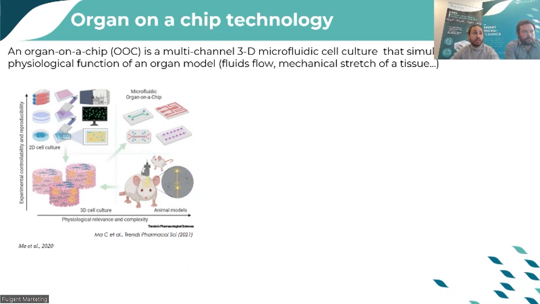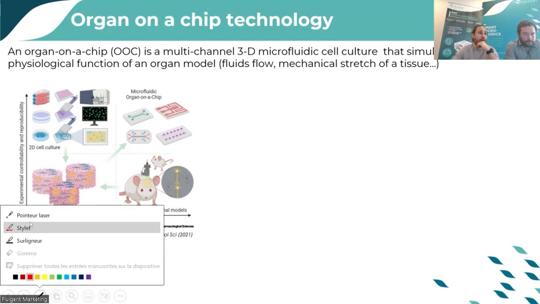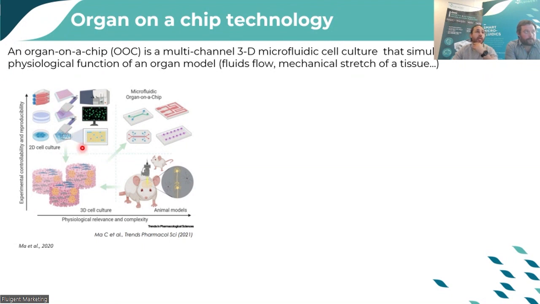Why is OrganChip a huge technology that is becoming really widespread? It's because for drug testing and drug discovery, currently there are widespread techniques, for example 2D cell culture, that are widely used, but they lack some physiological relevance and complexity.